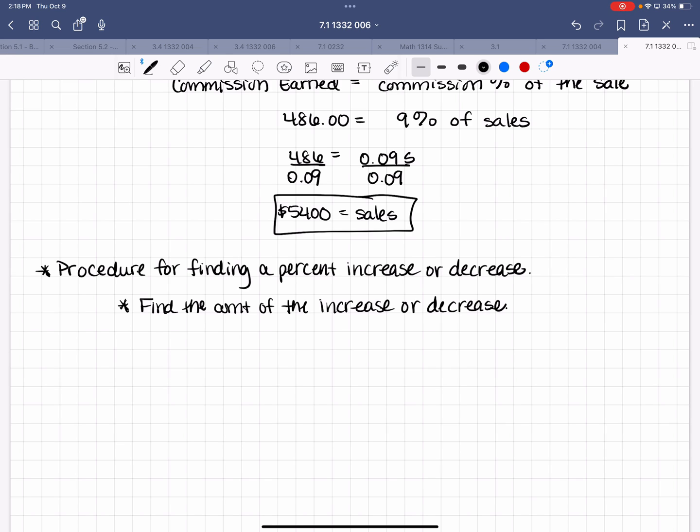Then we're going to set up a fraction where we say the amount of the increase or decrease, whichever it is you're finding, divided by the original amount. And that will tell you the percent that they increased or decreased the price. Okay?